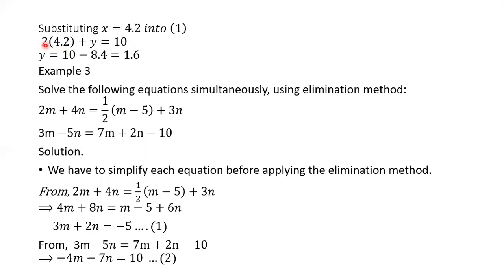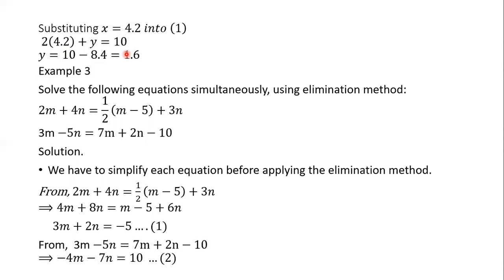Multiplying 4.2 by 2, we get 8.4, so 8.4 plus y equal to 10. Sending 8.4 to the other side, y equals 10 minus 8.4, which is 1.6. So the solution is x equal to 4.2 and y equal to 1.6, and these are the unique solutions. I hope that is okay.